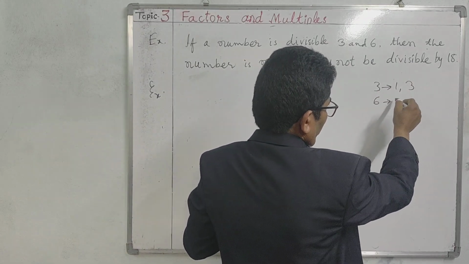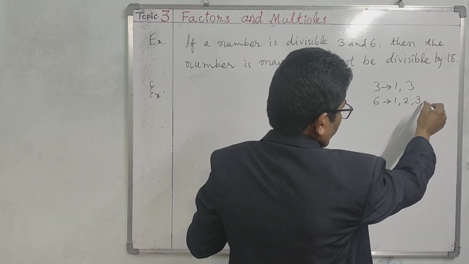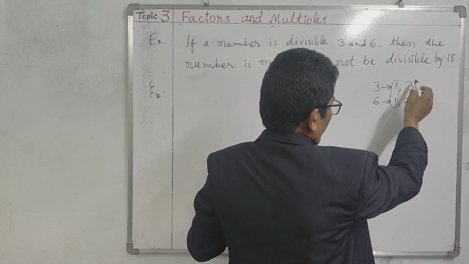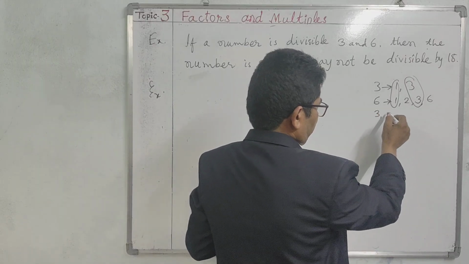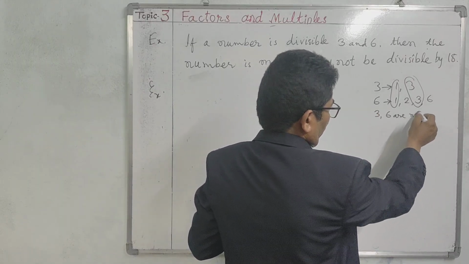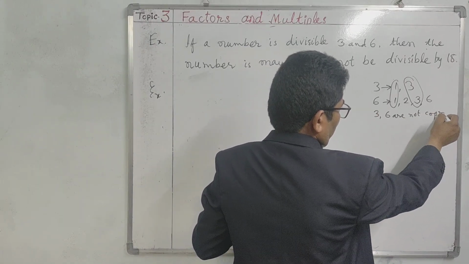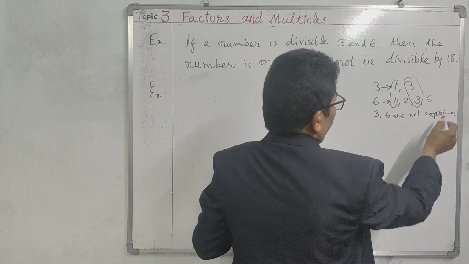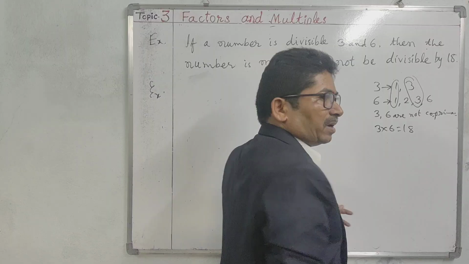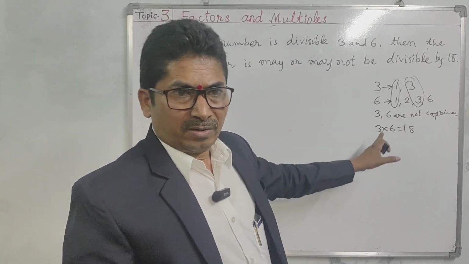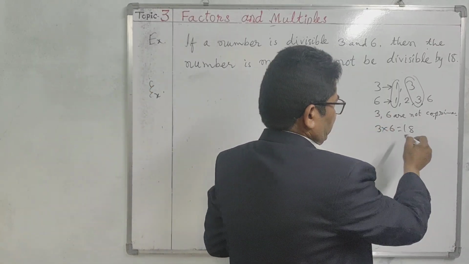Factors of 6 are 1, 2, 3, 6. Common factors are 1 and 3. So that's why 3 and 6 are not co-primes. That's why their product, 3 6s are 18, may or may not divide the given number exactly.